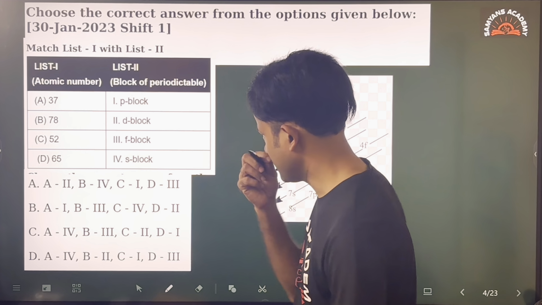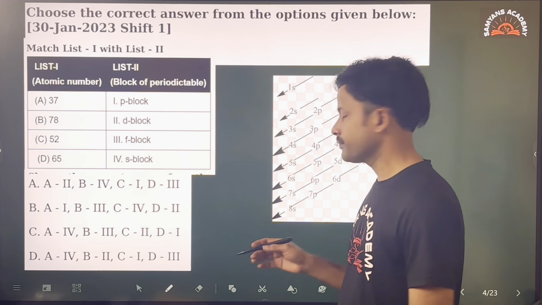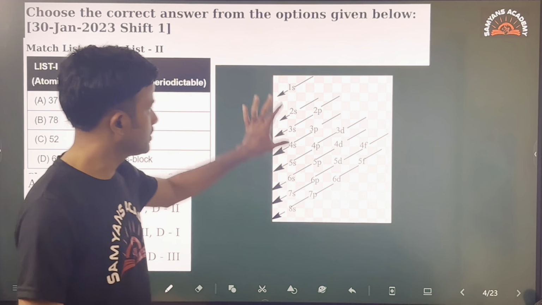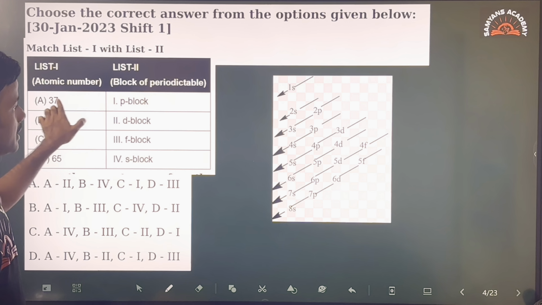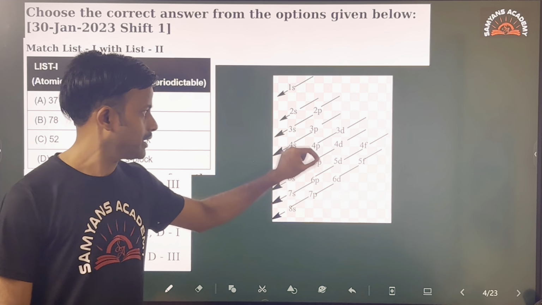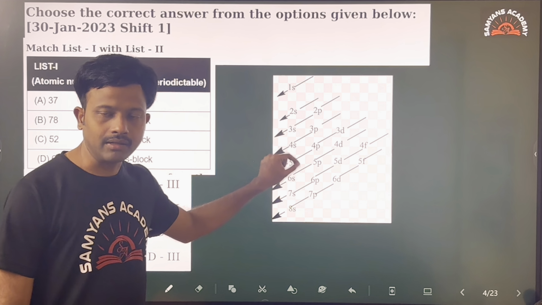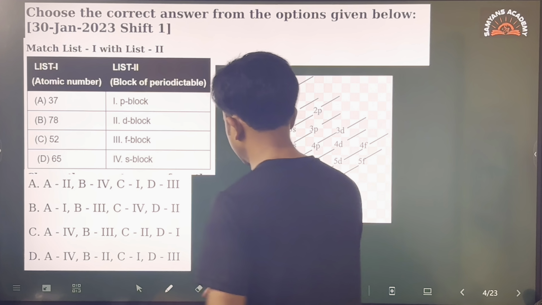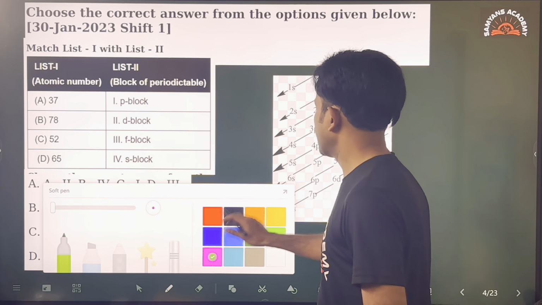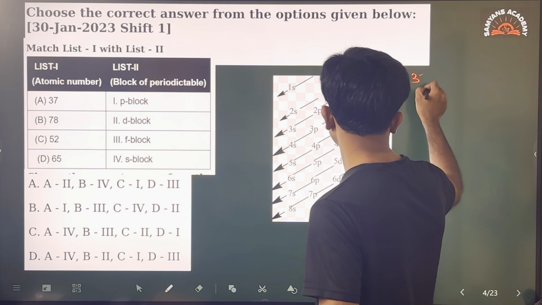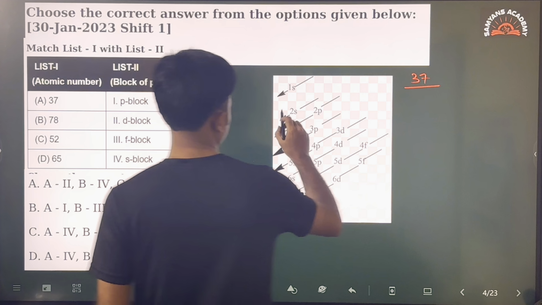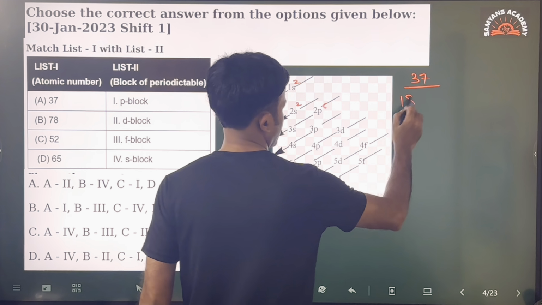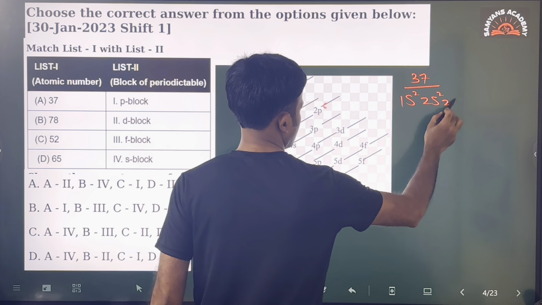Now you see 37. Otherwise, you do one thing: you draw the Aufbau diagram and fill the electrons. The last, 37th electron enters into which block, and that element belongs to that block. So for 37, fill the electrons in order: 1s2, 2s2, 2p6.